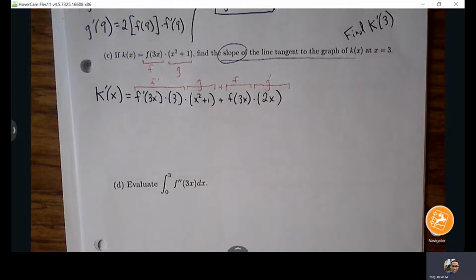Right, so now it gets a lot easier. Now you're just replacing every x with 3 and then cleaning up and then pulling from your table.